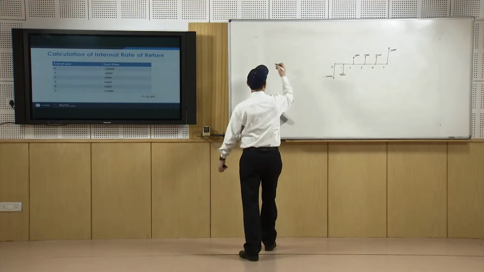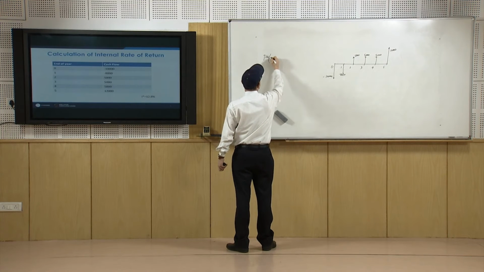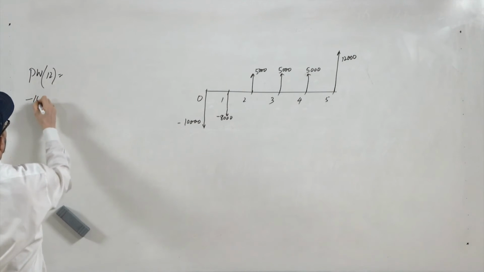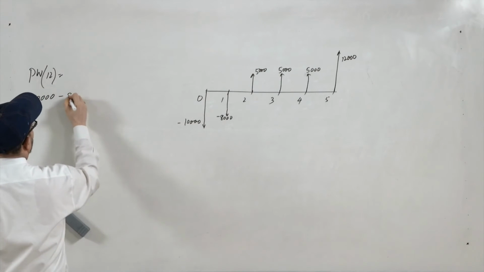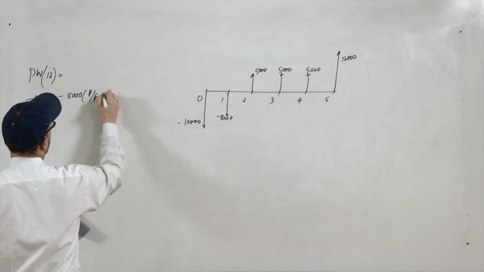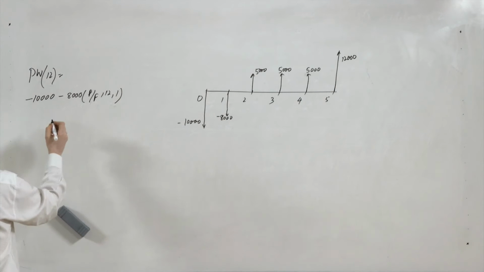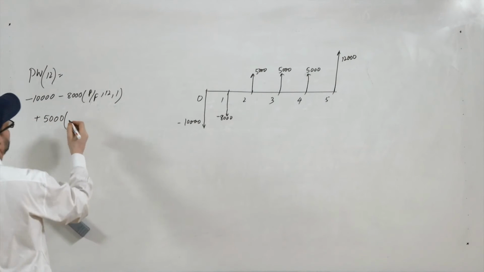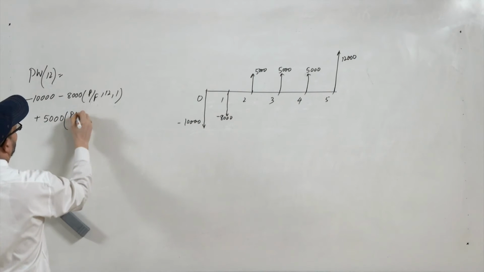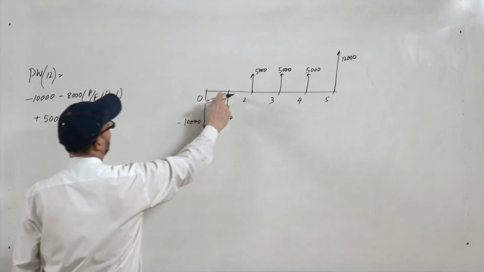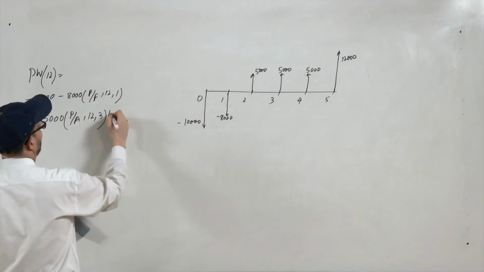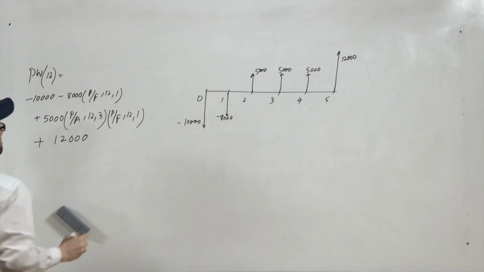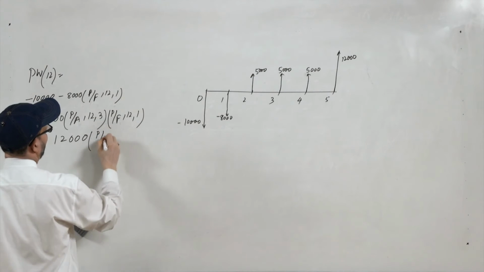So, what we had seen is PW 12 will be minus 10,000 minus 8,000 P by F 12 1 plus 5,000 P by A 12 3, that will be defined here, multiplied by P by F 12 1 plus 12,000 multiplied by P by F 12 5.